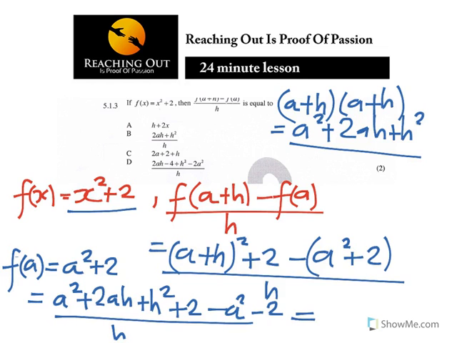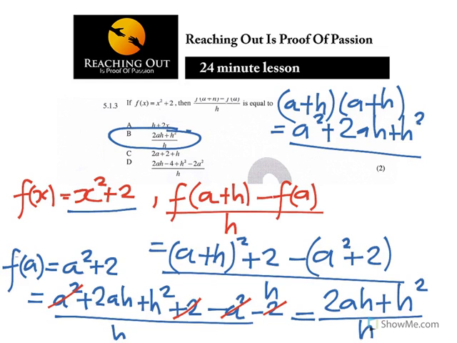Then a squared cancels out a squared, plus 2 cancels the other 2, so you are left with 2ah plus h squared over h. Looking at the options, the answer there is b, 2ah plus h squared over h.